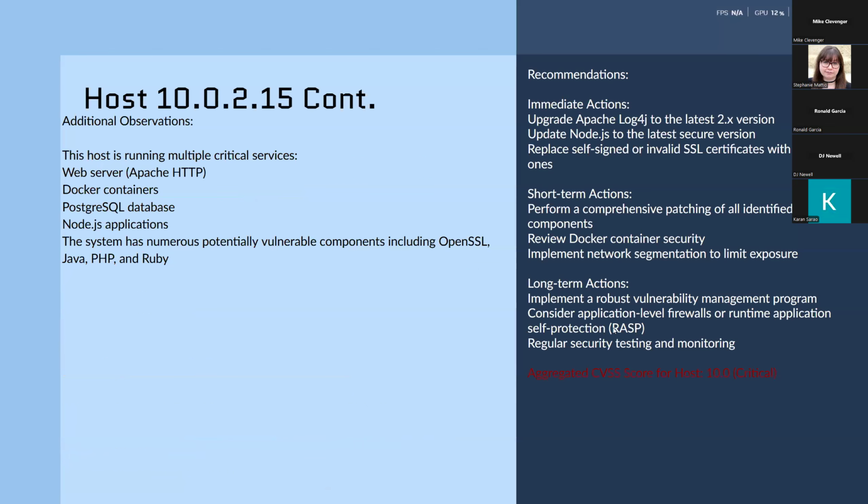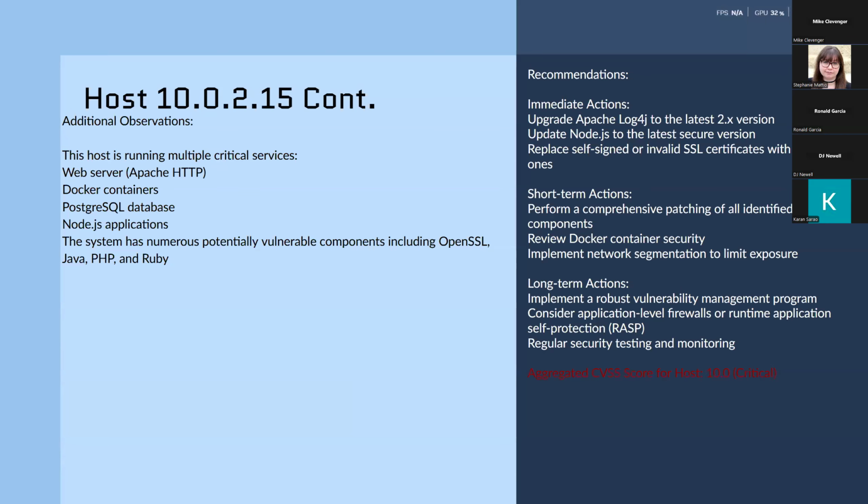And then moving on, we have some additional observations about this particular host. It's running multiple critical services to include web server Apache, Docker, Postgres SQL database, several Node.js applications, and the system has numerous potentially vulnerable components, including OpenSSL, Java, PHP, and Ruby.